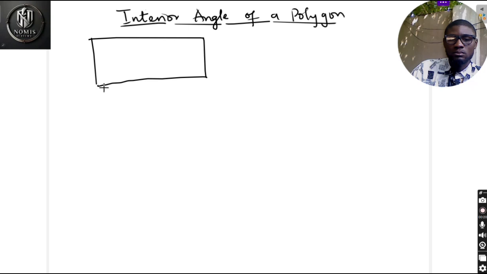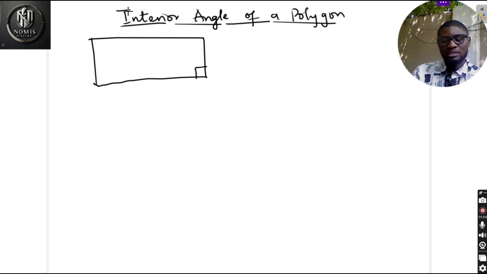This is an angle, right? An angle that is formed by two adjacent sides. So this is one side adjacent to this side of the polygon, inside the polygon. So this is the interior angle. This also is an interior angle of the polygon. This also is an interior angle of the polygon.